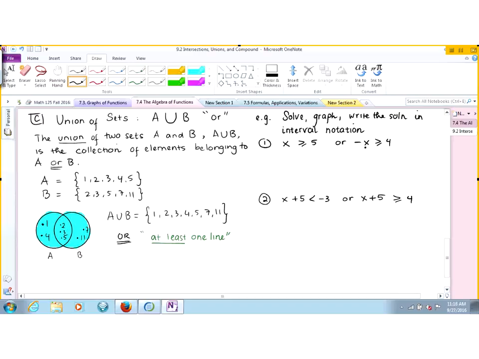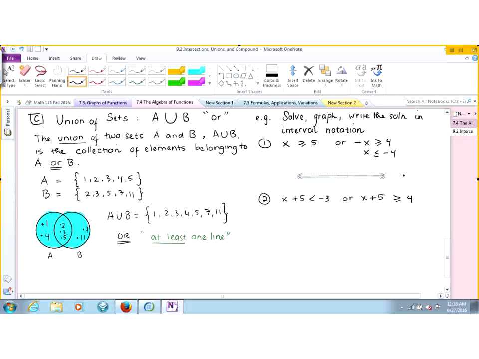Okay, so number one, let's see. Here we have to change this to x. How do I change this to x? Divide by negative 1. So we switch the sign. X is less than or equal to negative 4. Yes.